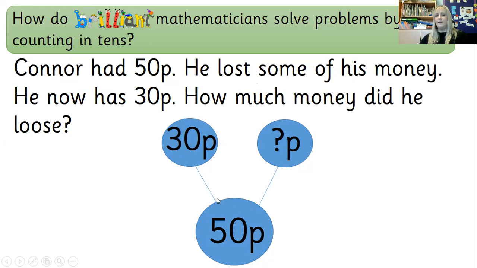And now I can see that there's 50p. So I've got 30, add something, makes 50. So I can put 30 in my head. I can count on in my tens until I get to 50. So 30, 40, 50. Two counts there. So that means that's 10, 20. So 20p is how much has been lost.